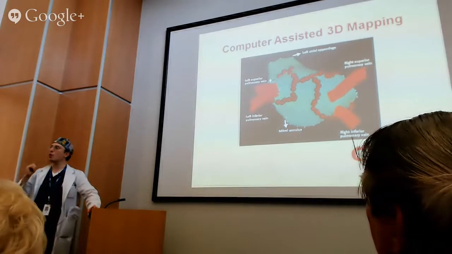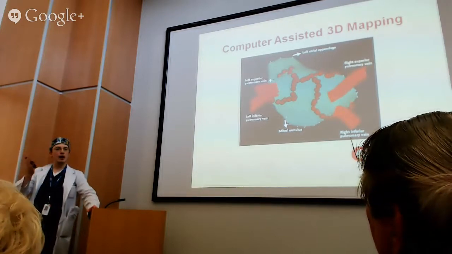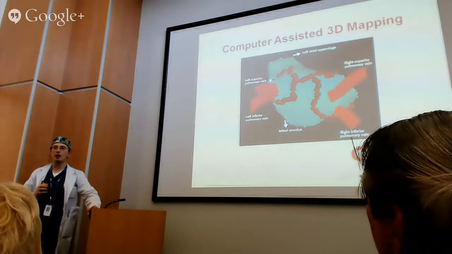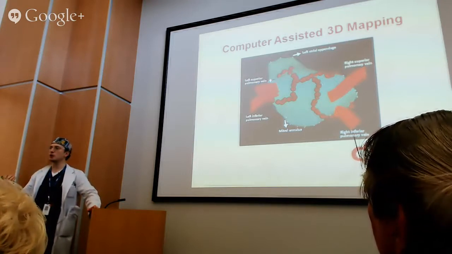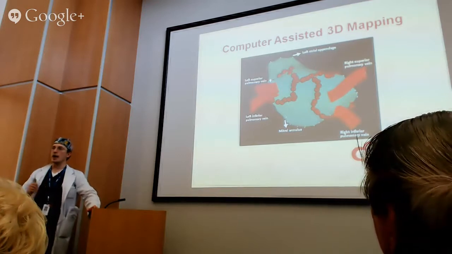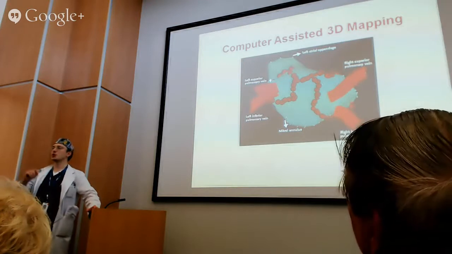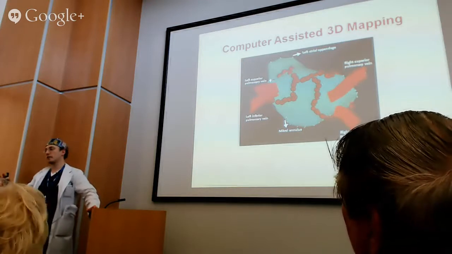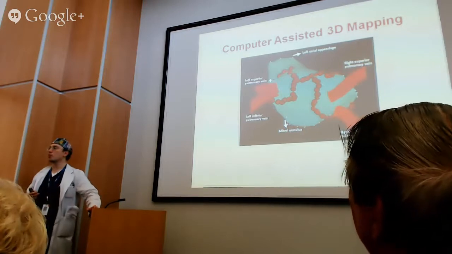By moving the catheter all around the heart, we can create an electronic replica, three-dimensional model of the heart that allows us to see where the healthy tissues are and where the scar areas are. It also allows us to keep track of where we've burned, where we've destroyed scar tissue, and where we haven't been. By doing that, it allows us to work through the procedure much more efficiently.